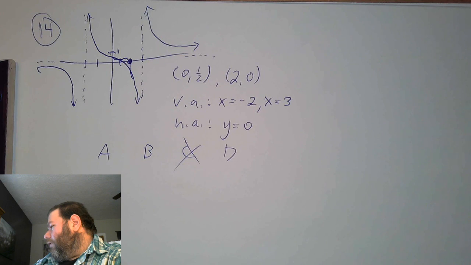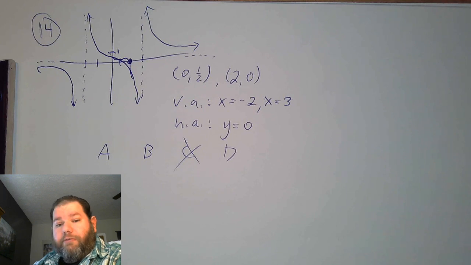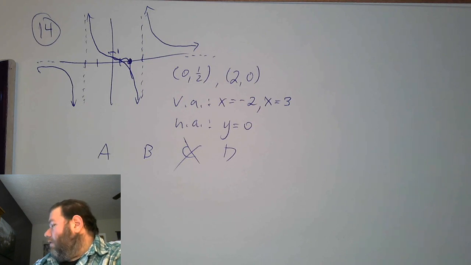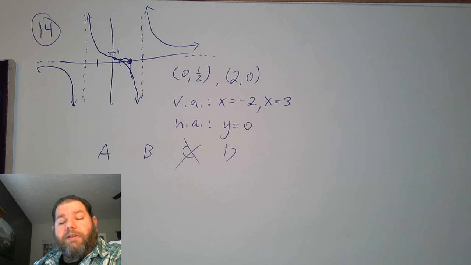As far as 2, 0 being a point in the graph, in each of the 3 remaining answers, A, B, and D, plugging in x equals 2 does result in 0 because it makes the denominator 0 for each of the 3 answers, so that doesn't really help us anymore.